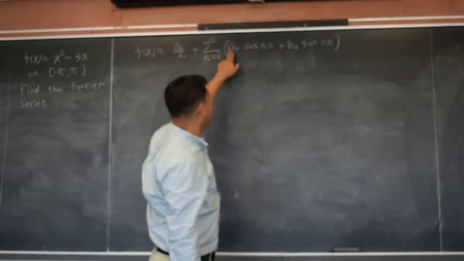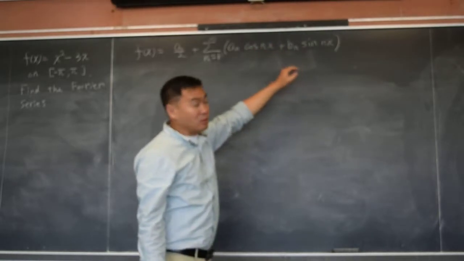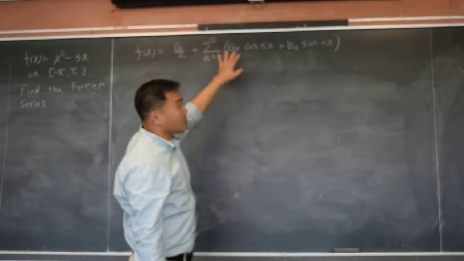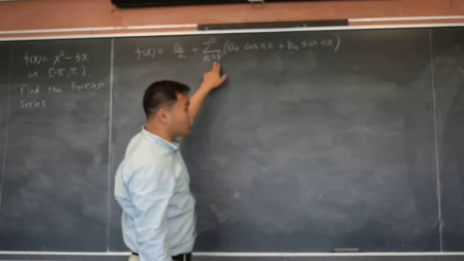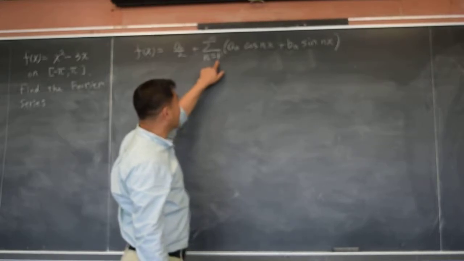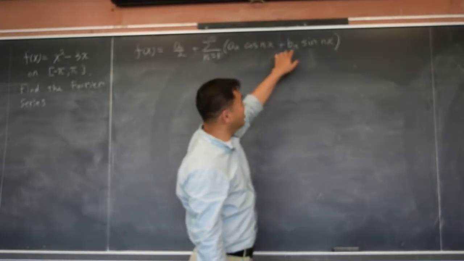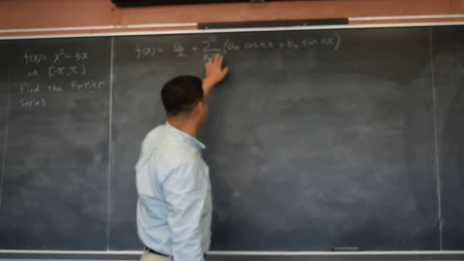So you will get a constant term if you make the series start from n equals 0. But instead, I made the series start from n equals 1 because b0 really doesn't appear if you start from 0.